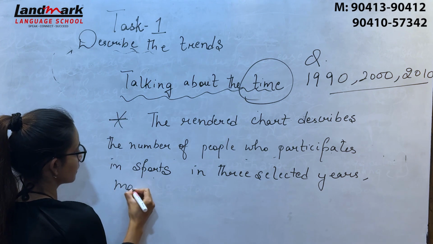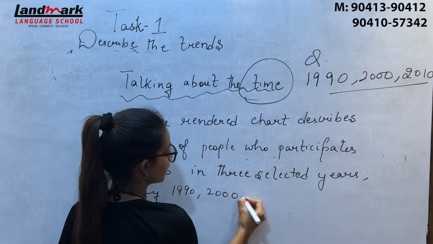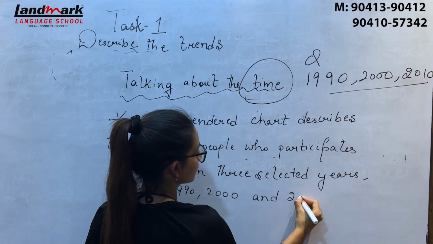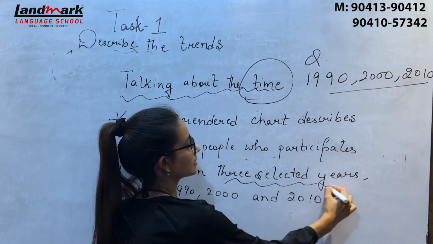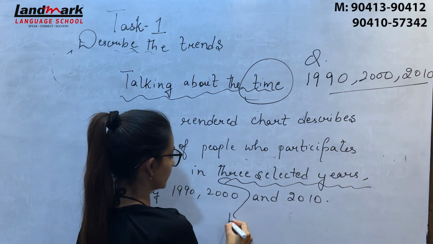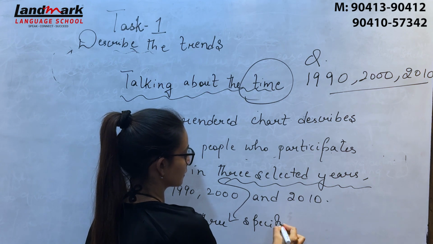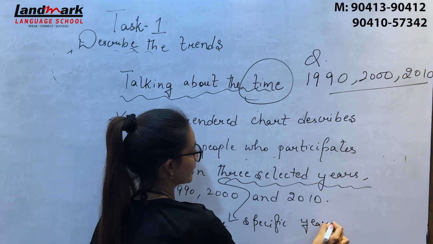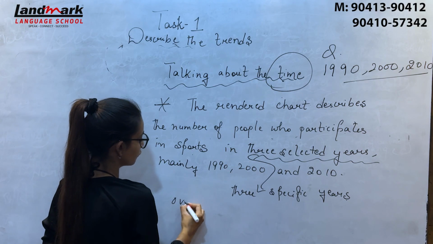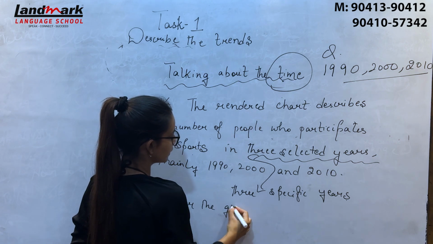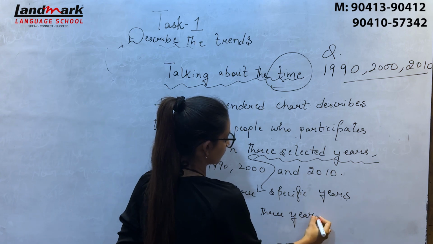Then put a comma, mainly 1990, 2000 and 2010. Here I have used three selected years. You can also write three specific years. And as we are talking about time, you can also write over the given three years.